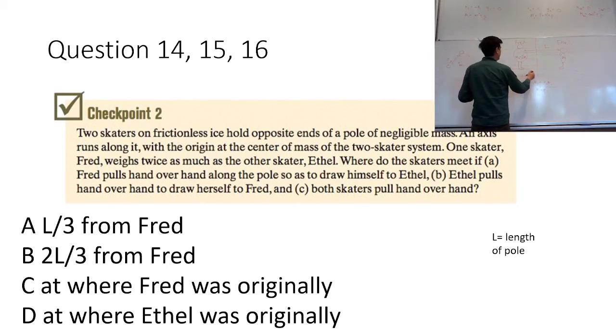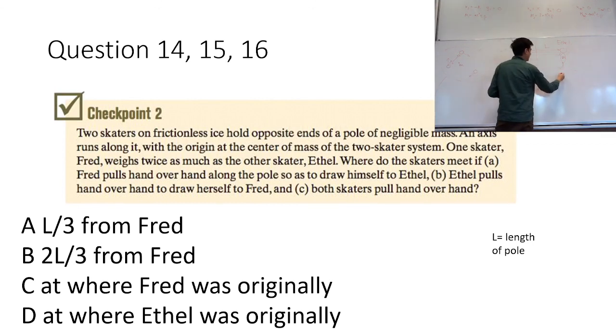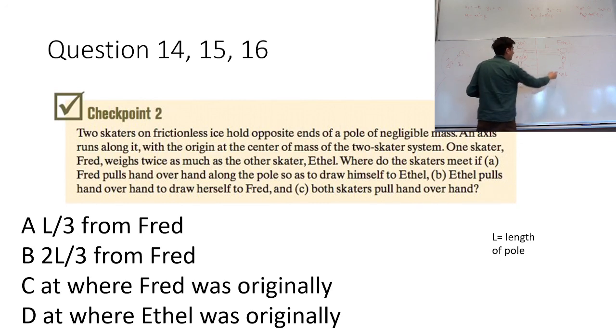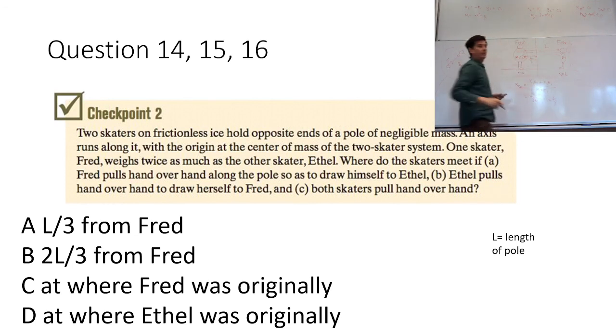Let's say this is x equals 0, and this is x equals L. So x1 is 0, x2 is L, m2 is m, m1 plus m2 is 3m, so this is going to be L over 3. Okay? So the center of mass position is L over 3 from Fred.